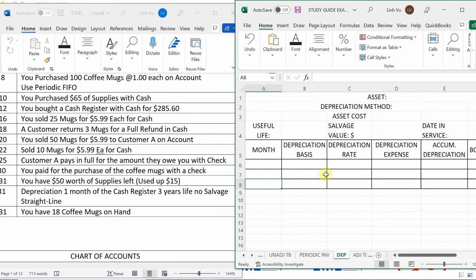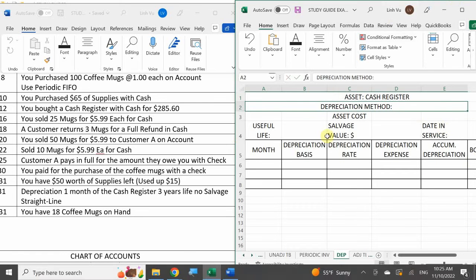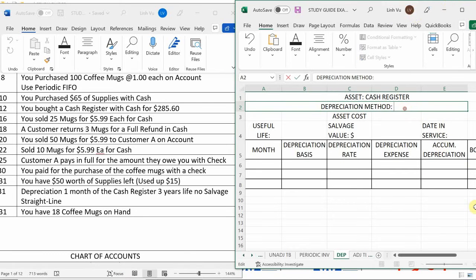Here you go. What are we depreciating? The cash register. What method are we using? Straight line.